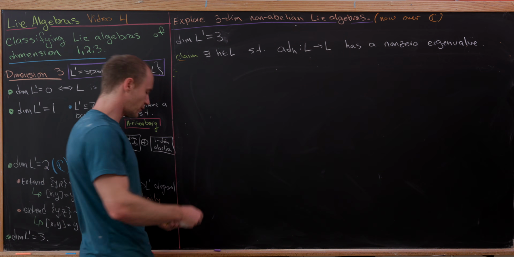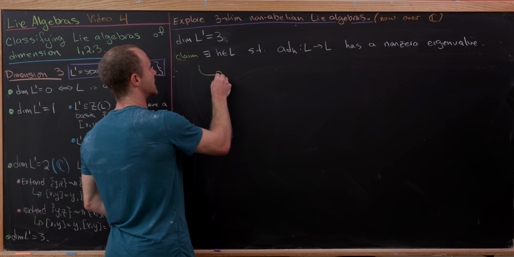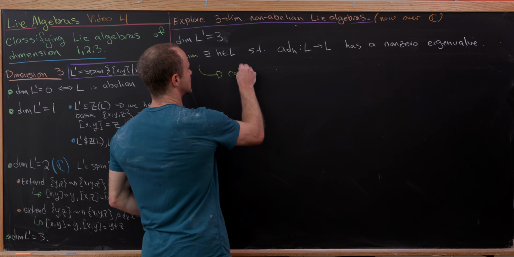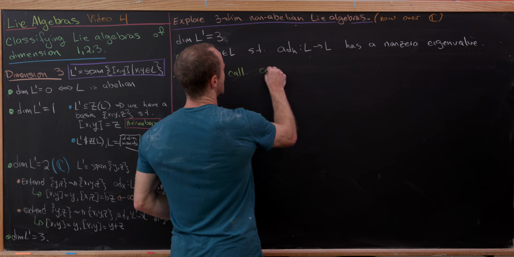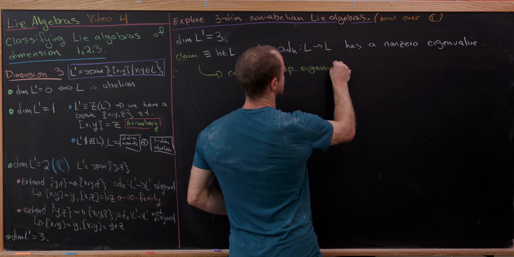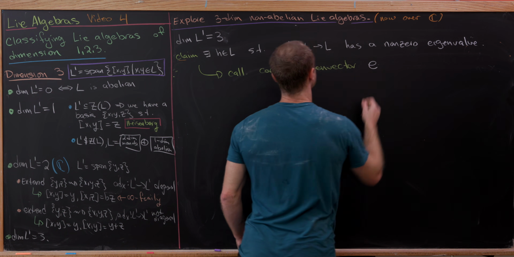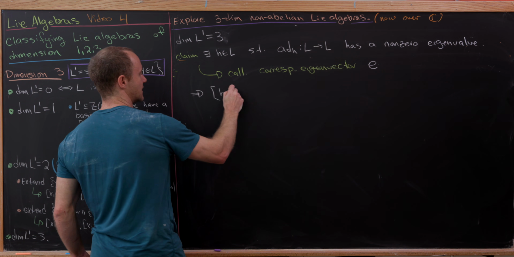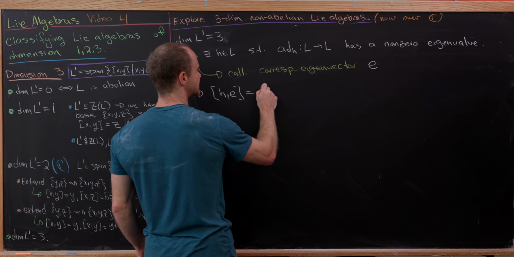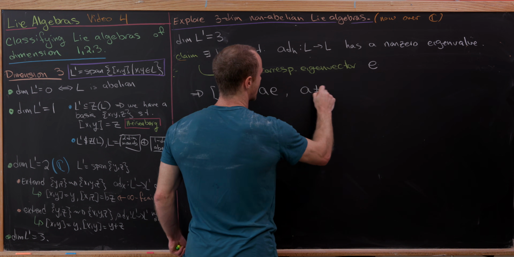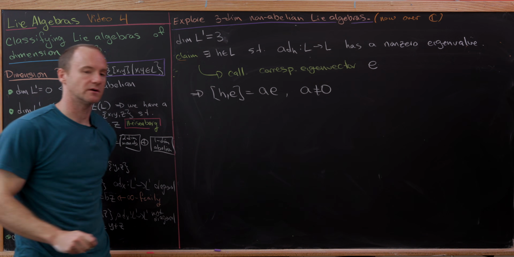And so now we want to call the corresponding eigenvector e. So let's do that. What does that mean? That means that the bracket of h with e is equal to some number, I'll call it a, times e, where a is non-zero.